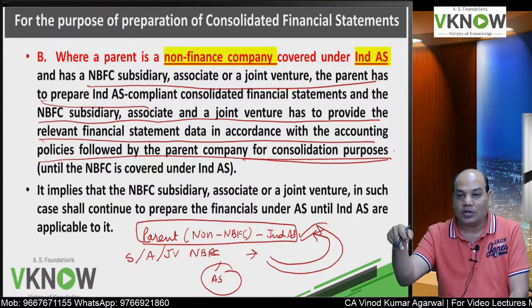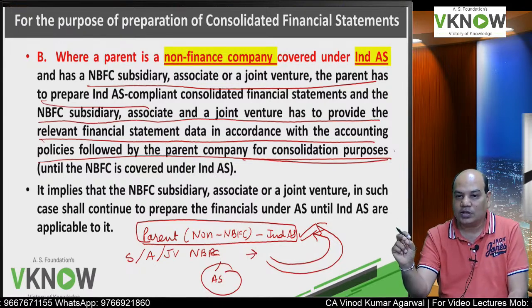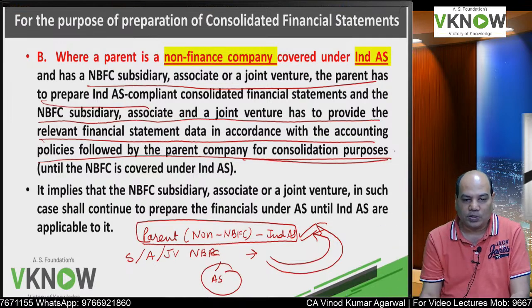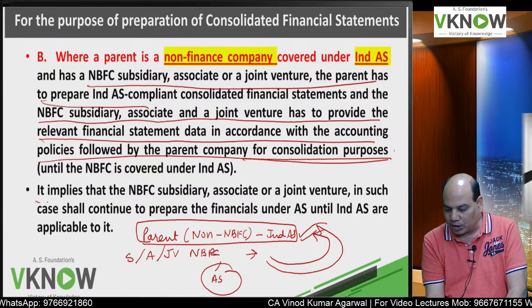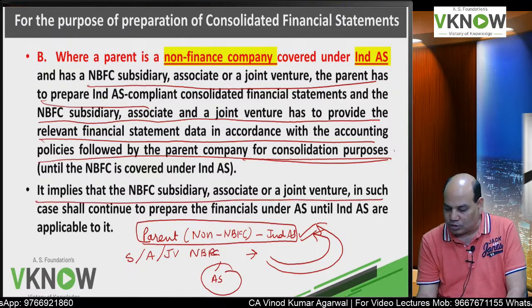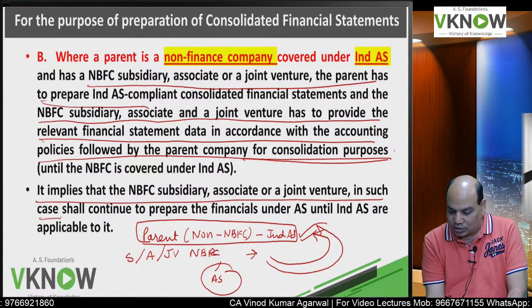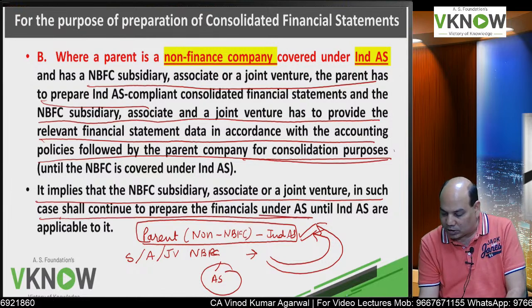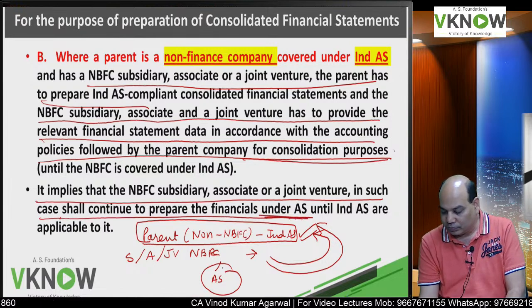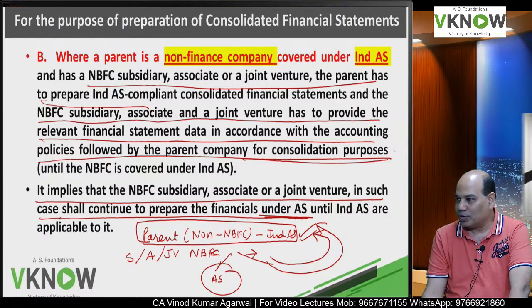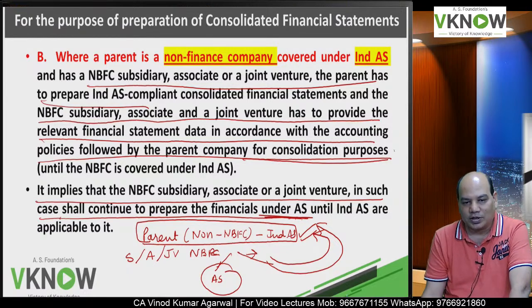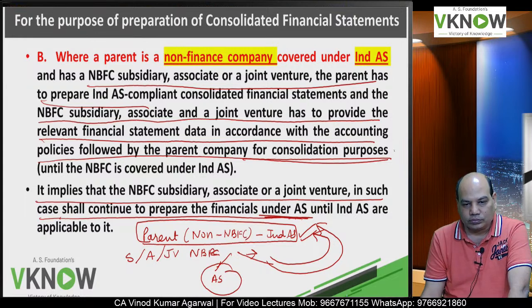So the subsidiary has to give financial statement under Ind AS for the purpose of consolidation. Is it right? It implies that NBFC subsidiary, associate or joint venture in such case shall continue to prepare financial statement under AS. So their life will be little miserable here, because they have to prepare accounting standard based financial statement also and Ind AS also.